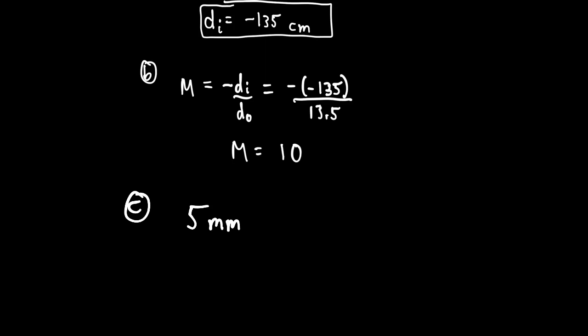I already did that. Magnification is 10. So anything that I look at through this magnifying glass is going to look 10 times bigger. So how big does this mole look? 50 millimeters. So it's magnified to 50 millimeters.